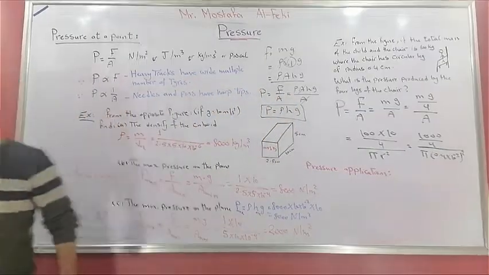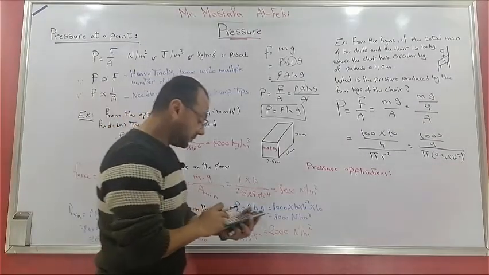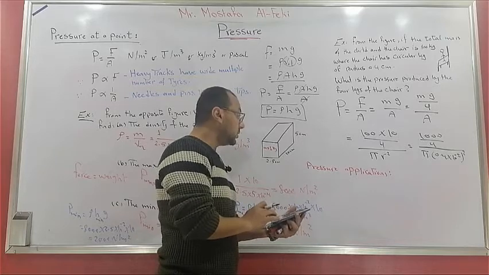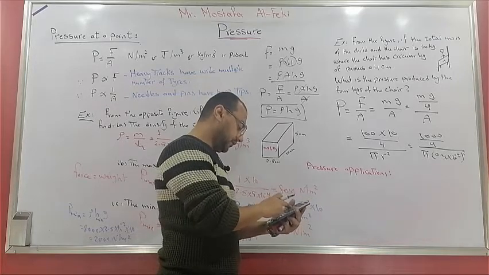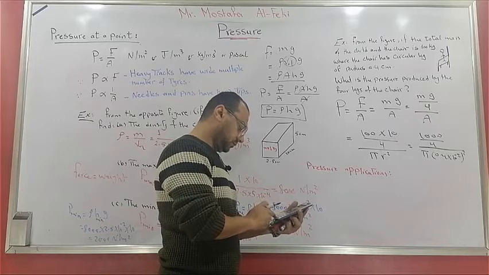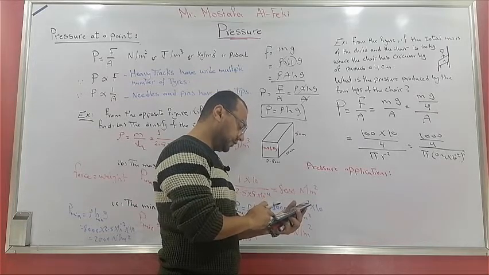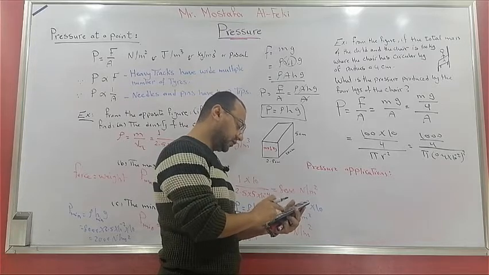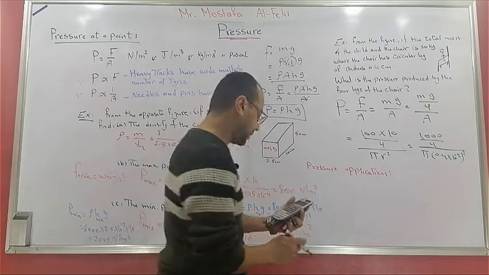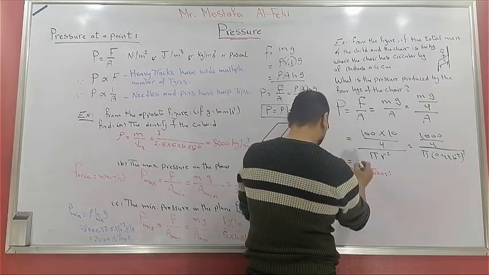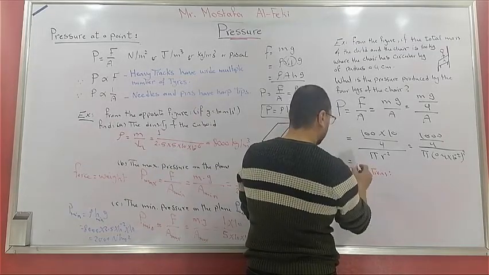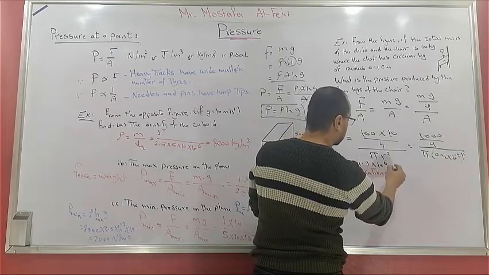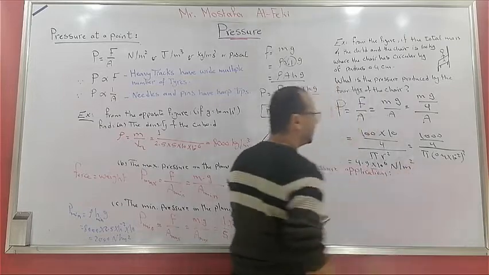Then let's calculate the pressure: 1000 divided by 4 pi times 0.4 times 10 power negative 2, all power of 2. The pressure equals 4.9 times 10 power of 6 Newton per meter square.